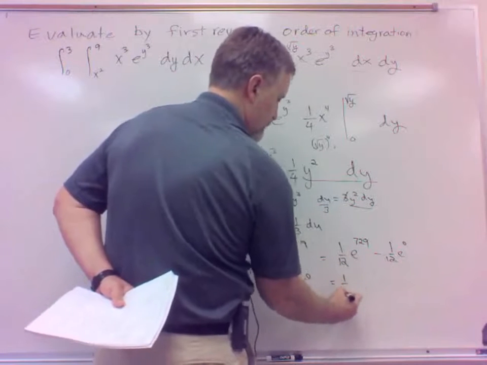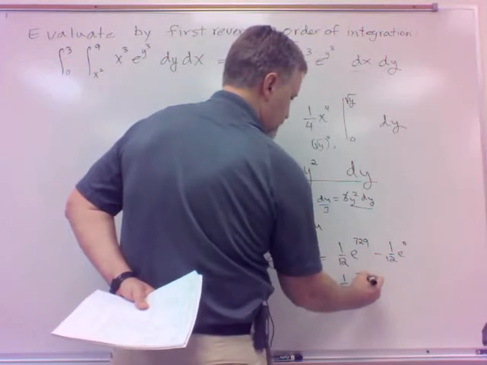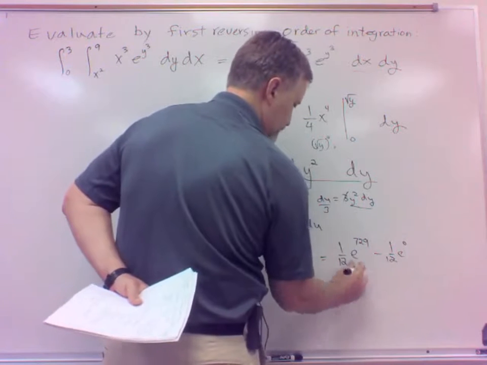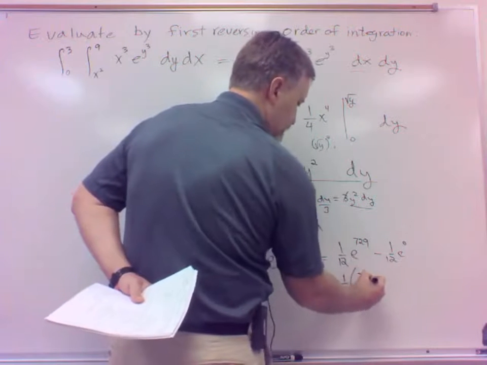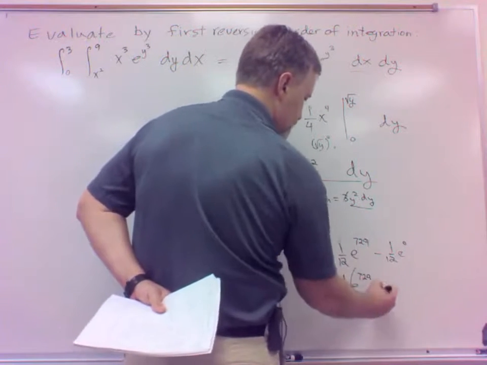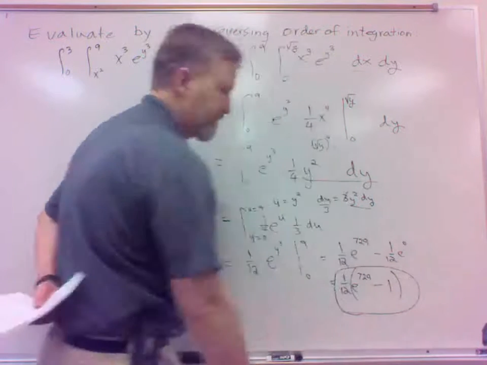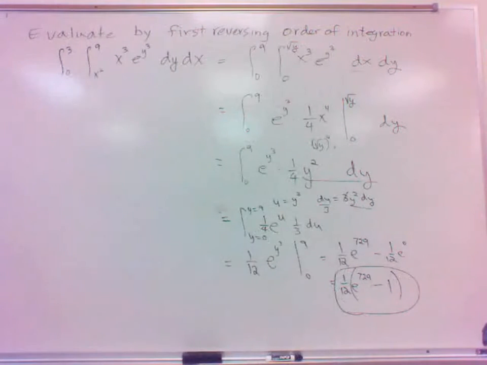So it's 1/12 e to the 729 minus 1/12. If I factor off the 1/12, which they sometimes like to do, it'd be 1/12 times (e to the 729 minus 1), or something very much like that.